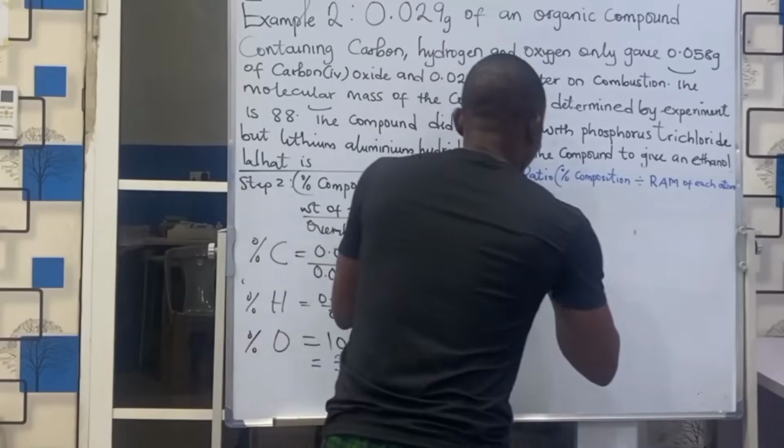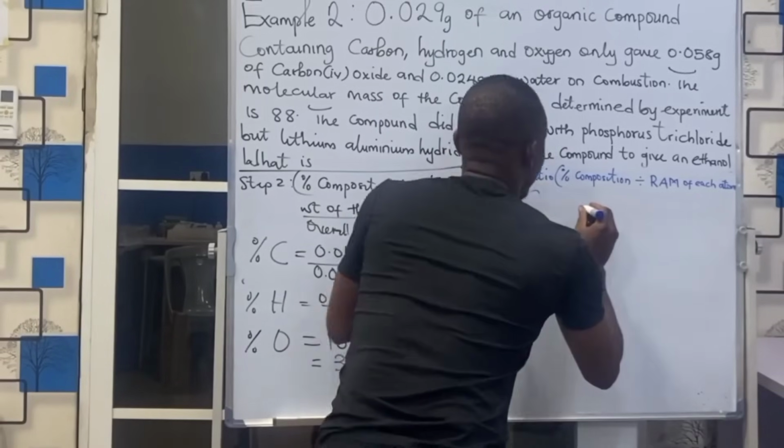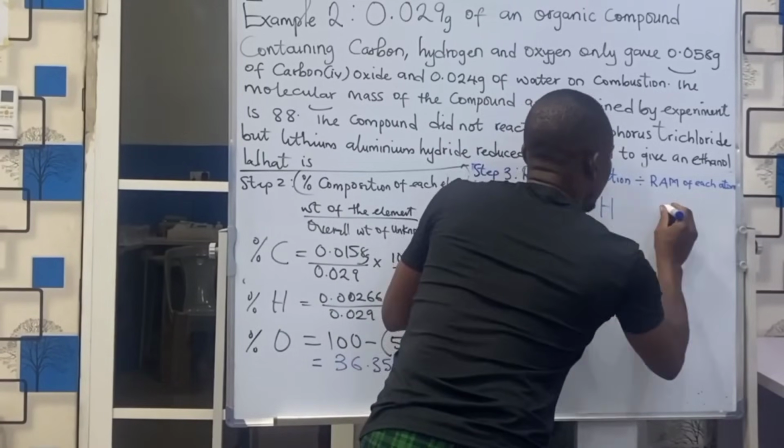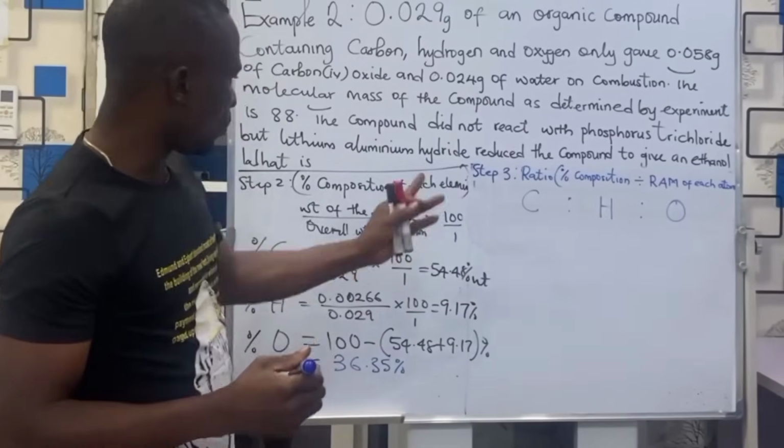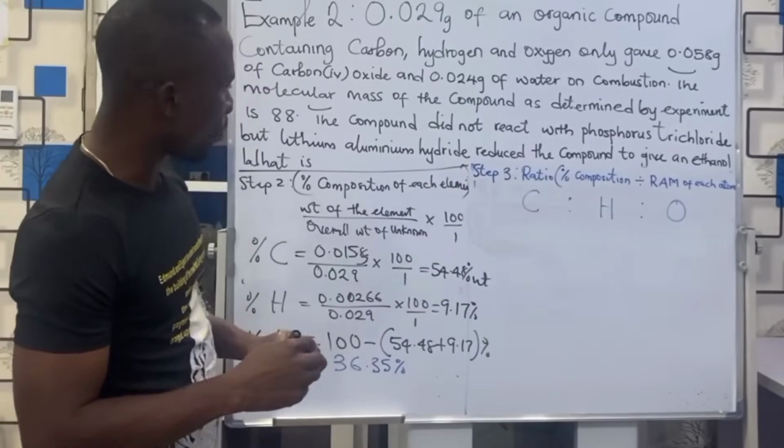So doing that, bringing in our elements carbon, hydrogen, and oxygen, the ratio of carbon to hydrogen to oxygen.